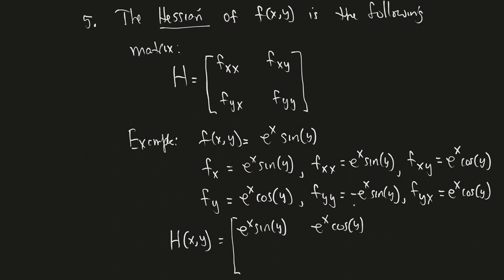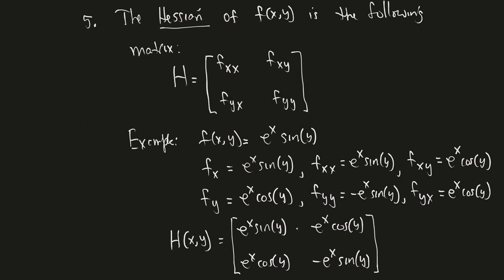And then in the second row, first column, we're going to put our same e to the x cosine of y. And then finally in the second row, second column, we're going to put the function negative e to the x sine of y, and then we're going to close our matrix.